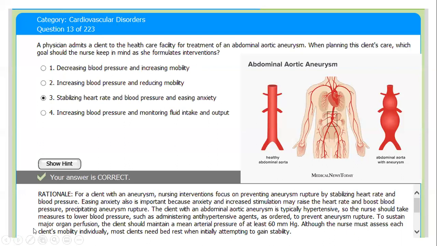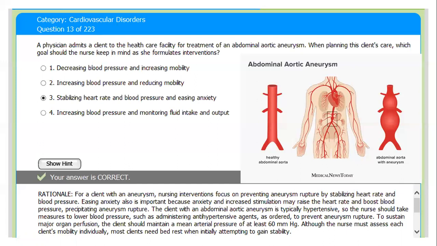To sustain major organ perfusion, the client should maintain a mean arterial pressure of at least 60 mmHg. Although the nurse must assess each client's mobility individually, most clients need bed rest when attempting to gain stability.